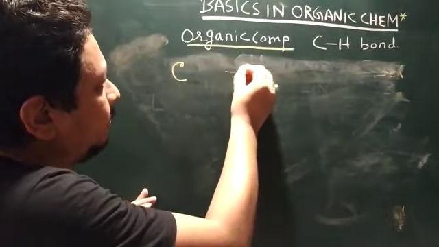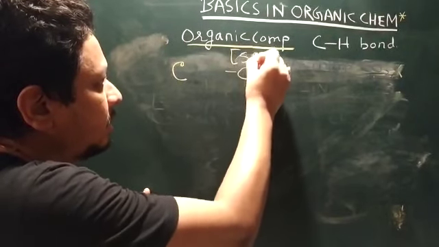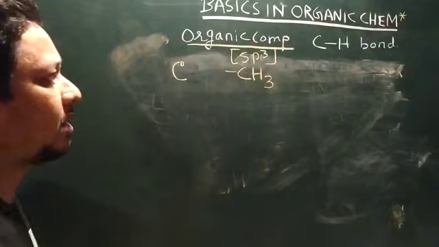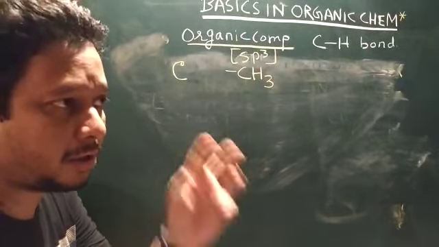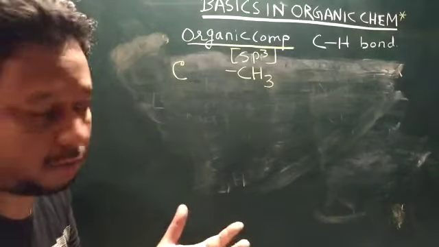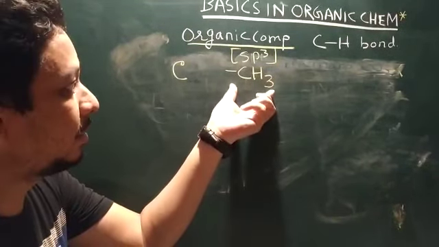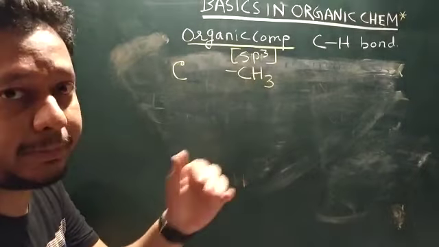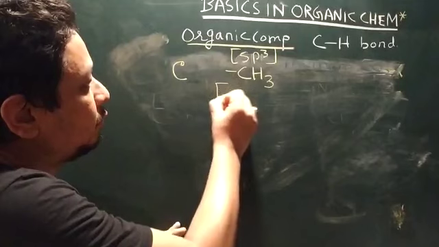In CH3, carbon hybridization is sp3. Whenever a functional group or a part of a molecule is sp3 hybridized, it automatically acts as a nucleophile.